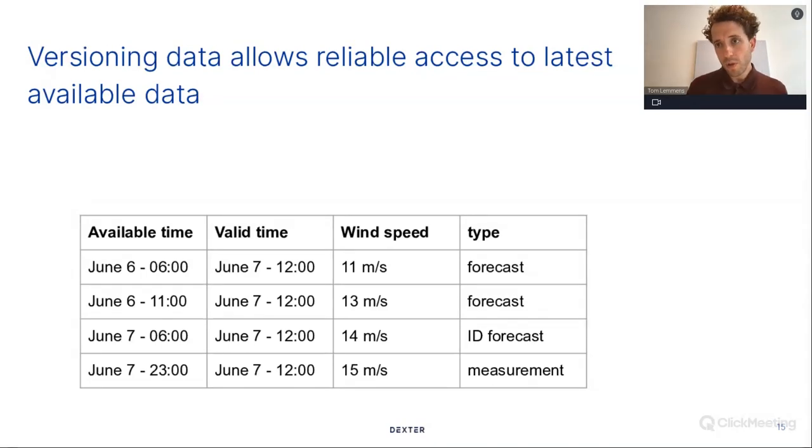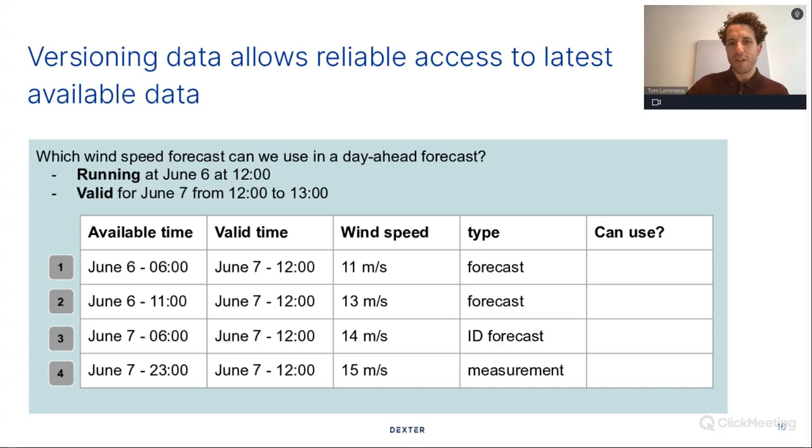Every time a new wind speed forecast or measurement is published, you store it and you keep the old one, and you version it. You version it by labeling it with the time at which the data became available, the available time in the first column. All of these rows represent weather at the same time of delivery, right? So the valid time: June 7th from 12 to 1.